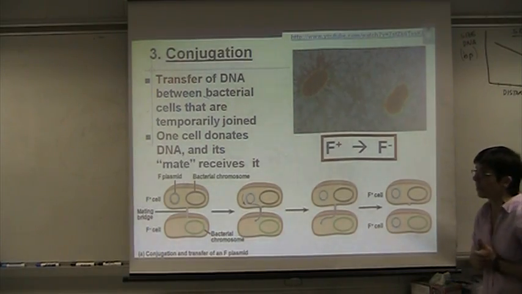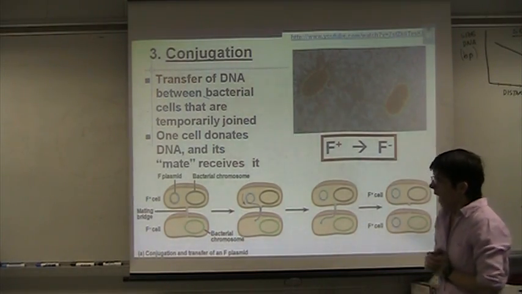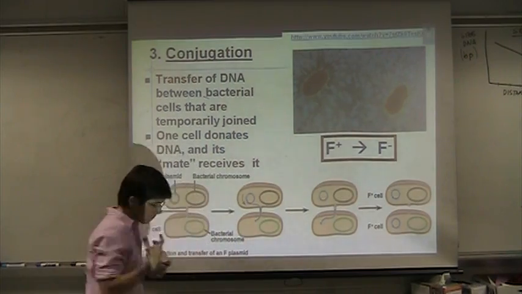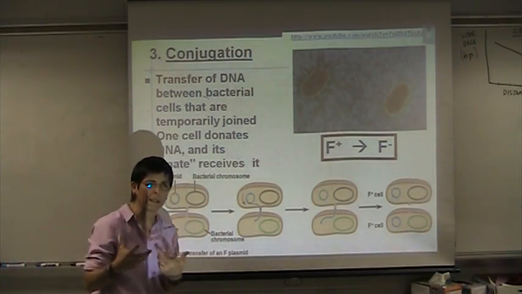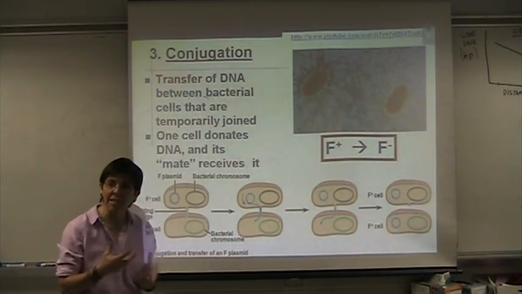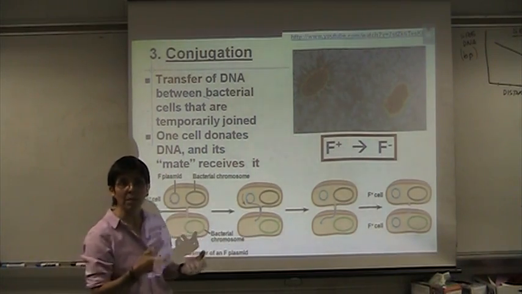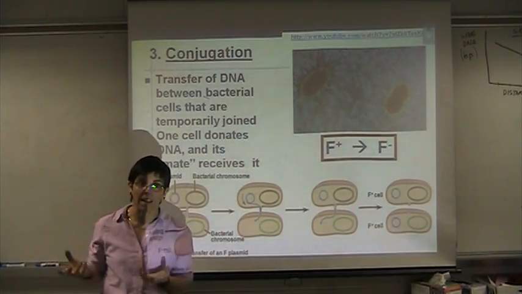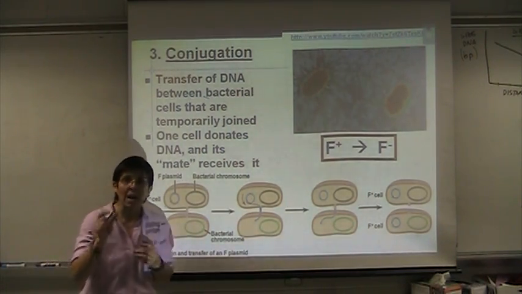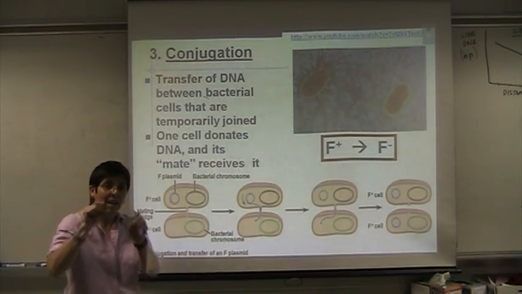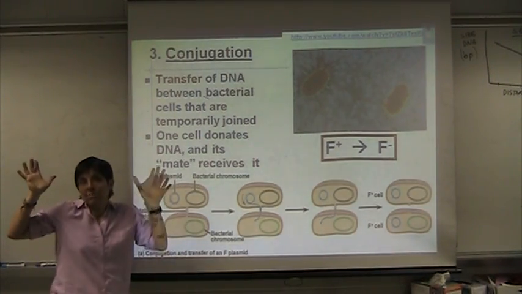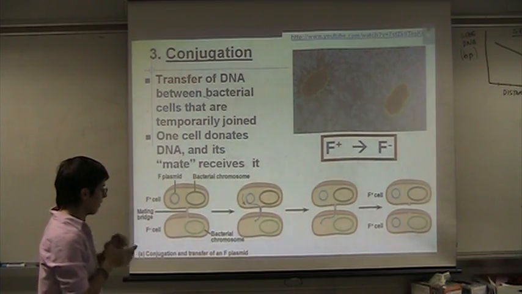This is really cool because we have a lot of problems with bacteria and antibiotic resistance. You know, you try to kill them with antibiotics and they don't die. Usually they don't die because they have a gene that breaks the antibiotic and renders it ineffective.